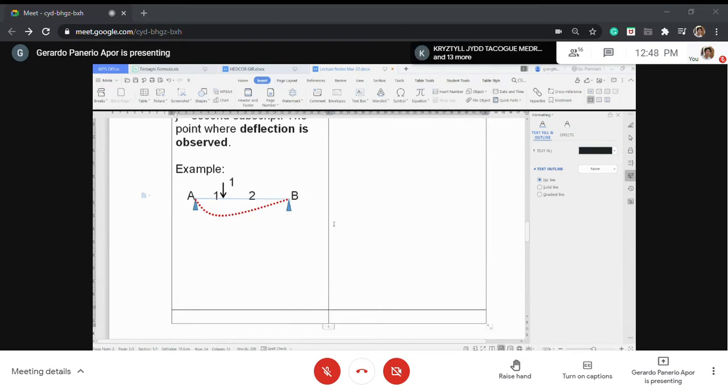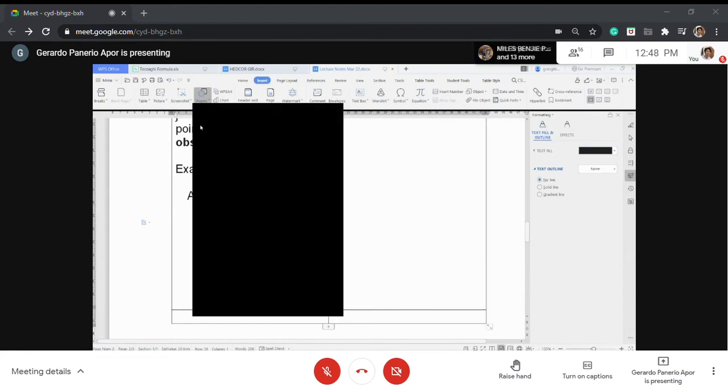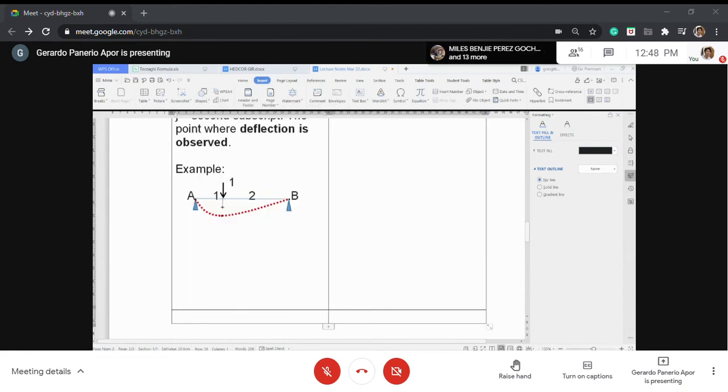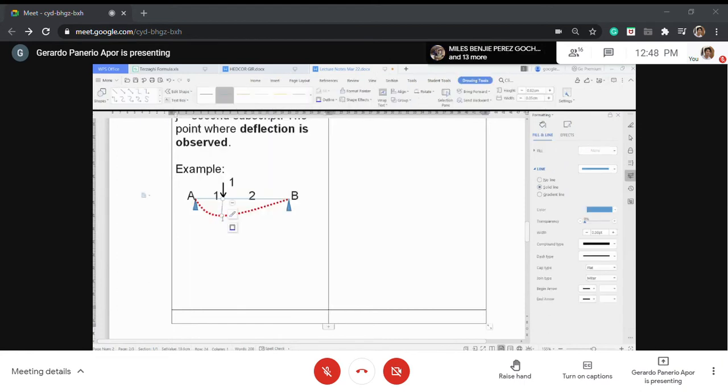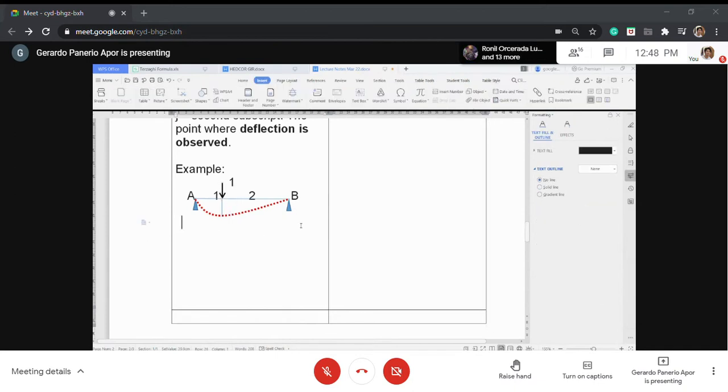So, we will say that if we want to determine this deflection here, okay, that is the deflection there. I will rather call this delta applied at 1.